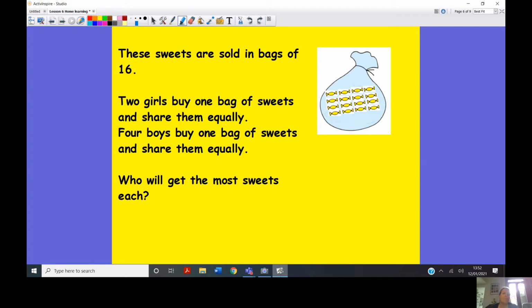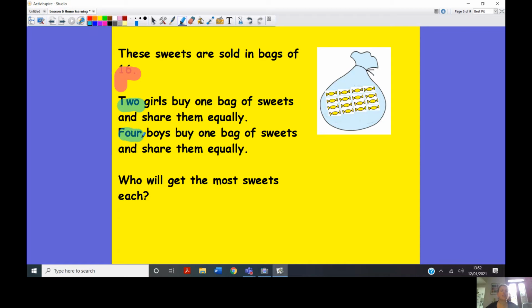Okay, so looking at this problem, we know our whole. Our whole is 16. We're needing to share our whole between 2 and then our whole between 4.